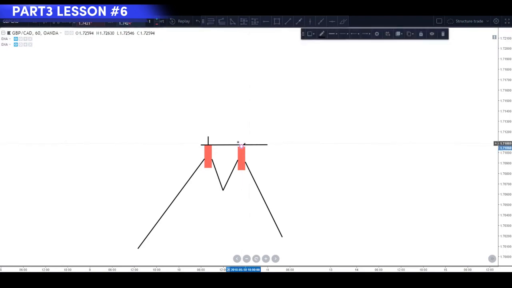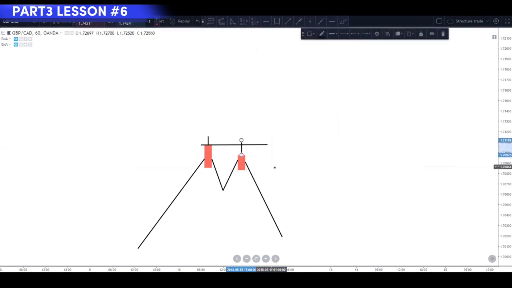So what would not be valid is if this candle looked like this. If this was the case, this would not qualify as a double top. The reason that this would not be a valid double top is because the wick does not touch the top of the body of the first top.